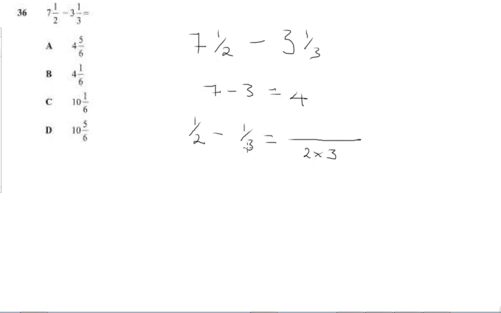So we say this 3 multiplied by 1. So we have 3 times 1. Then what do we have there? A minus. Then this denominator multiplied by that numerator. So we say 2 multiplied by 1.